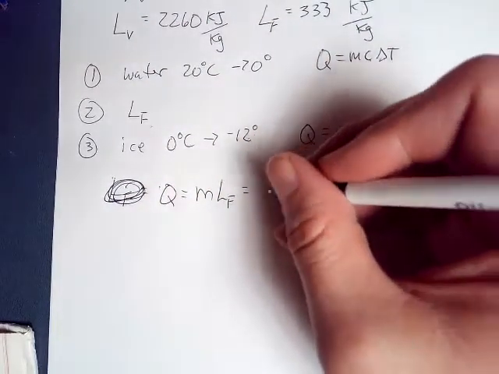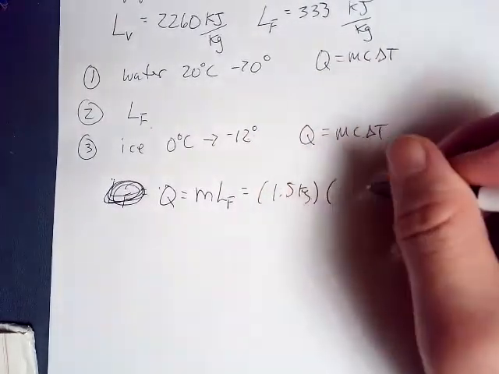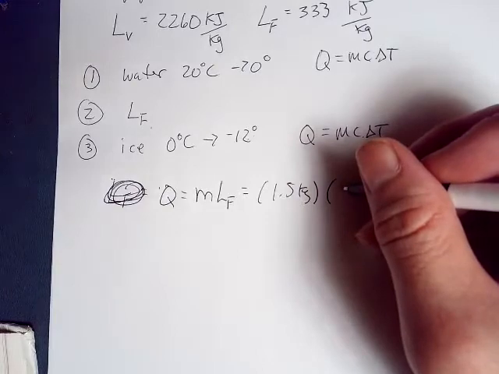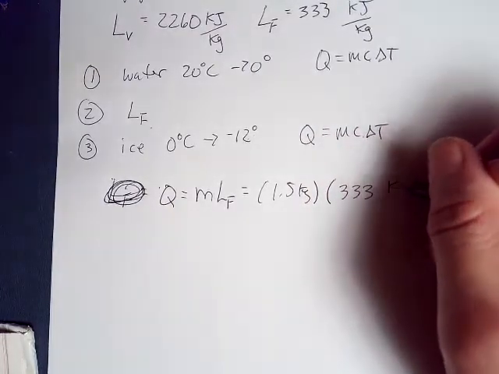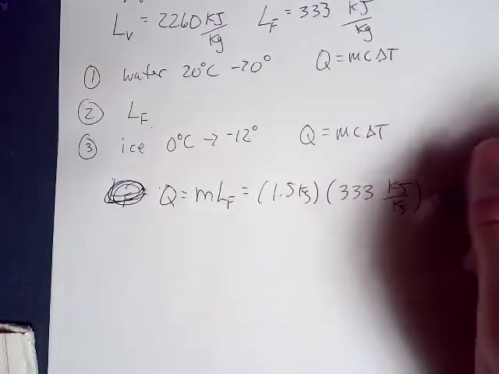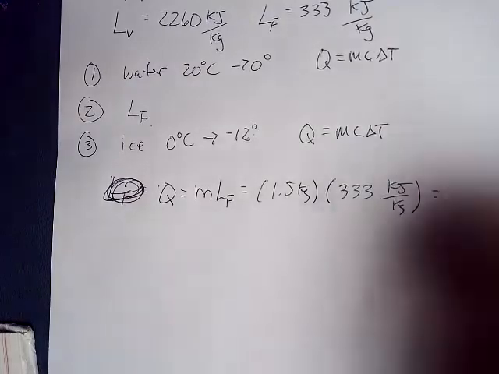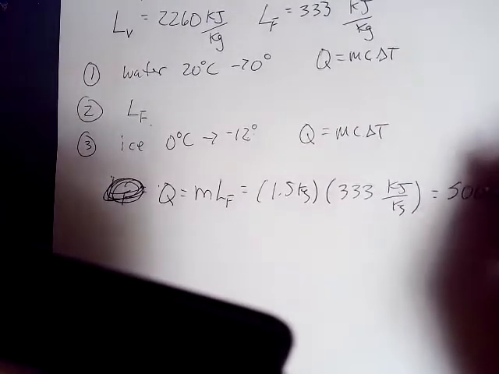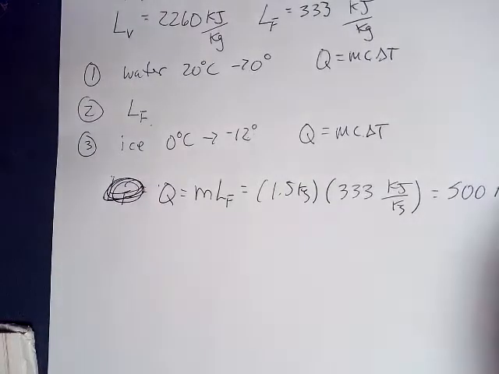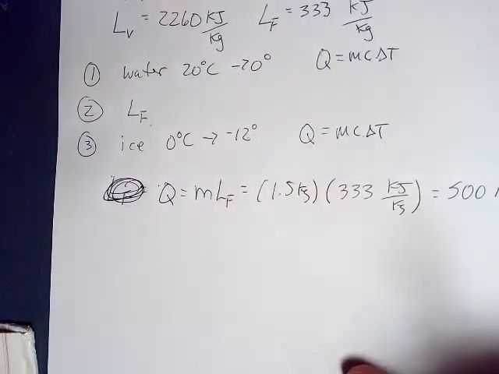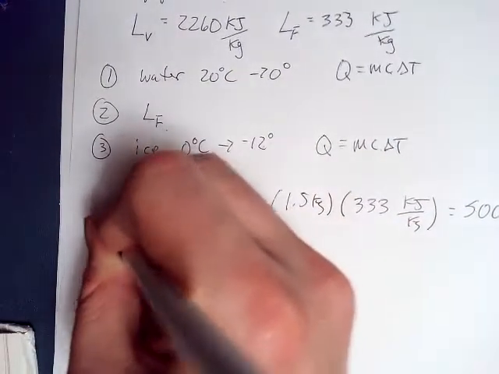So for this one, it's 1.5 kilograms of ice times 333 kilojoules per kilogram, since it's fusion. So we'll just call that 500 kilojoules for that phase. And then to get the total, you would just add them up. Okay, and one more here, 14.9.